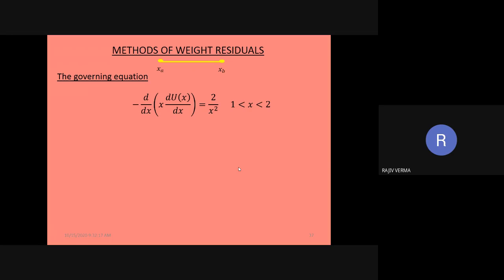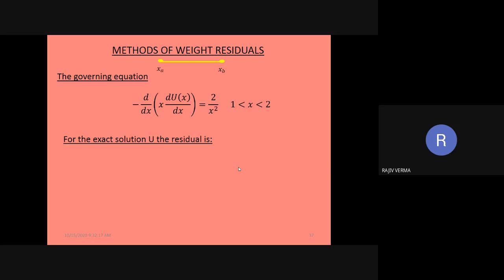Now the thing is that in this particular governing equation, if you know the exact solution of u, and that exact solution is substituted in the governing equation, then obviously the left hand side and the right hand side are going to be the same, and the residual is going to be 0. This residual is going to be 0 for every value of x in the domain.